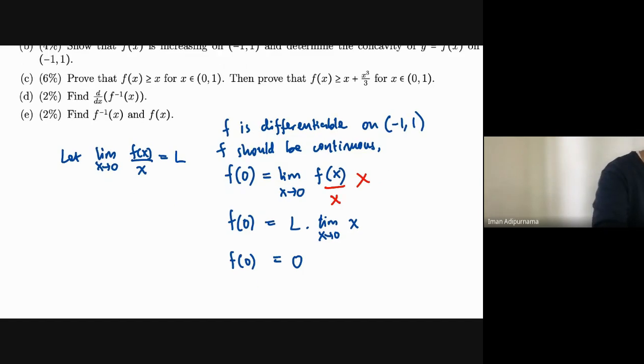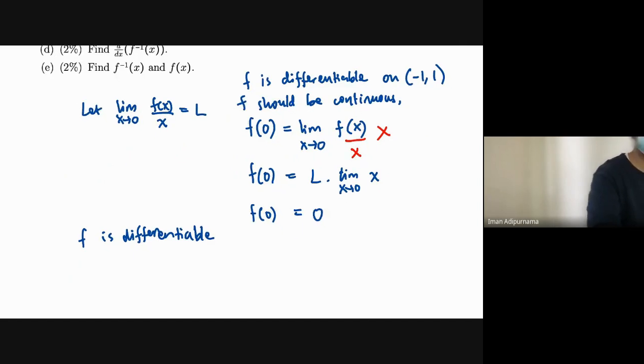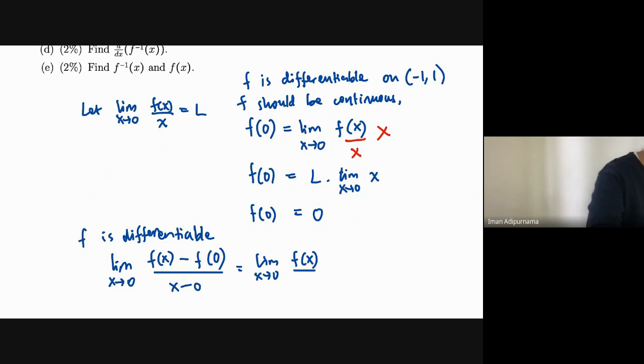And remember, f is differentiable. So we can think of the derivative with the limit definition, which is the limit of f of x over x, and this should be equal to the derivative itself at x equals 0.